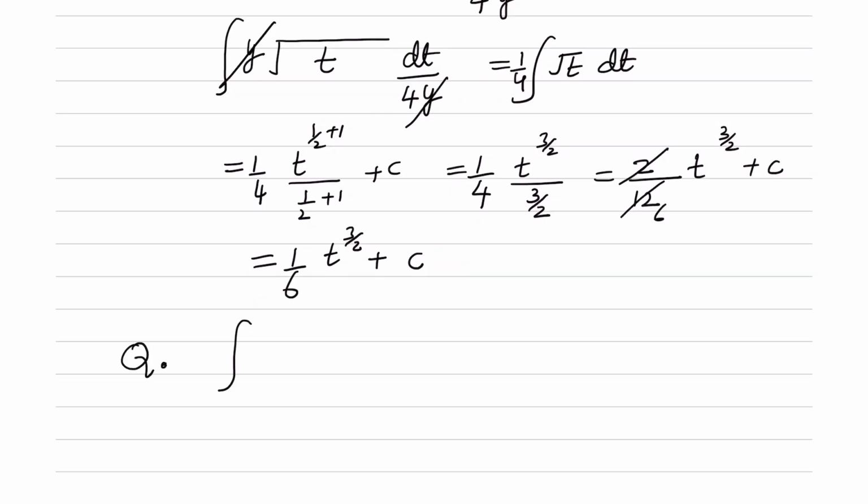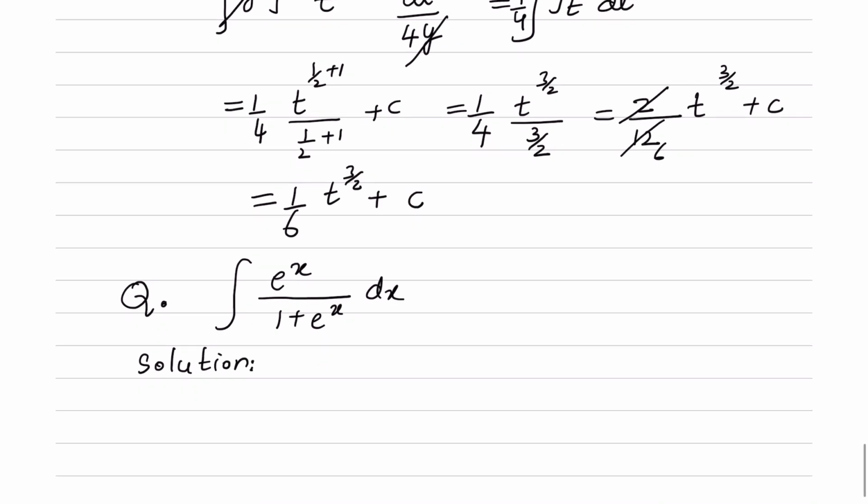Here we have the integral e power x over 1 plus e power x dx. We are going to solve this by substitution. Now think of something here such that its derivative is also written here. We can see e power x and the derivative of e power x is also written here.